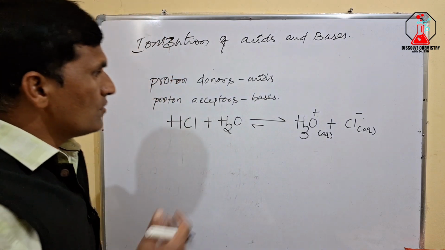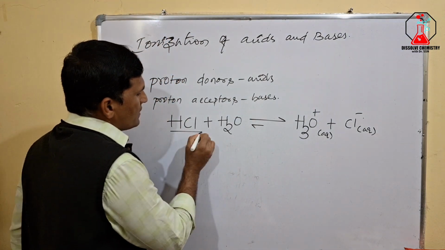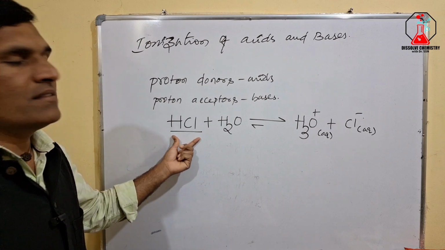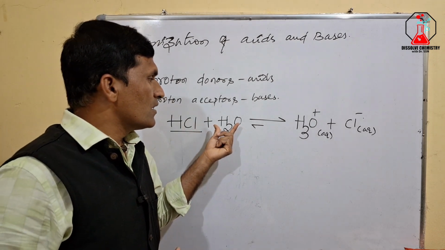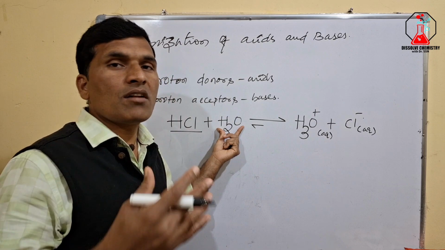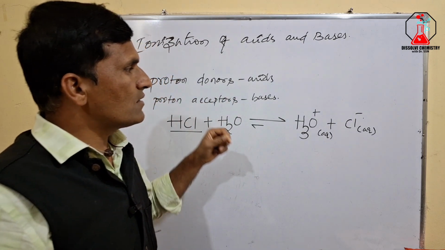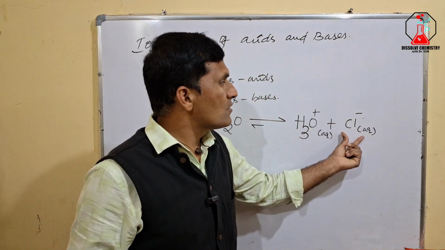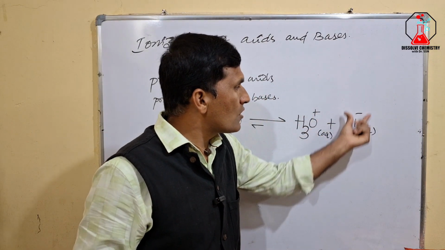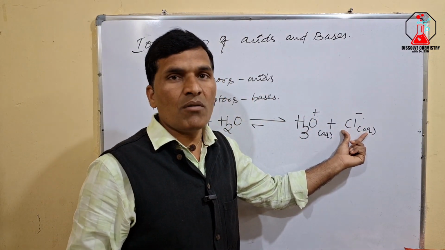So now the strength of this HCl not only depends upon HCl, it also depends upon the strength of a water molecule to accept the proton, first thing. And second thing is the conjugate base that is being formed.